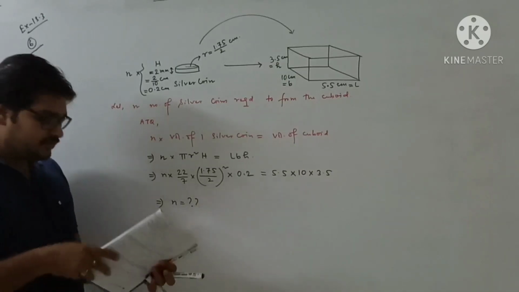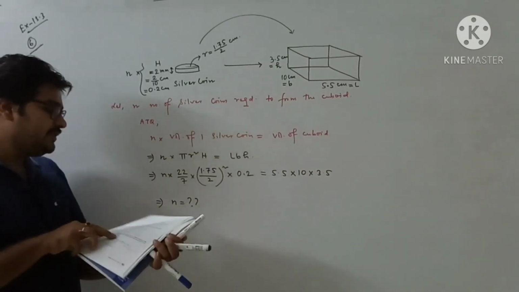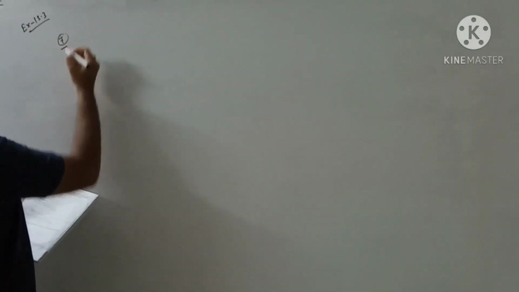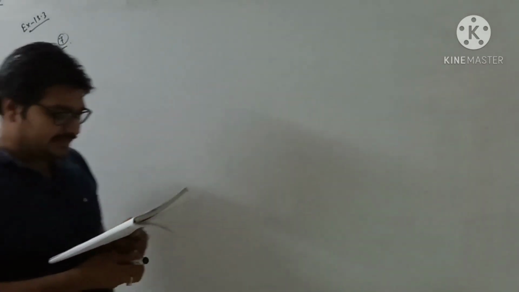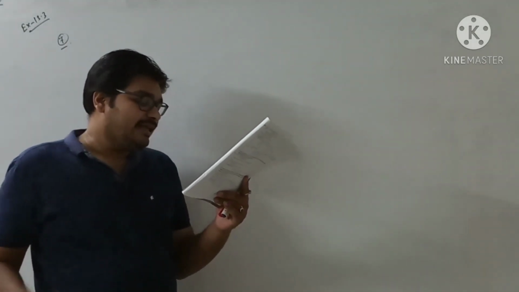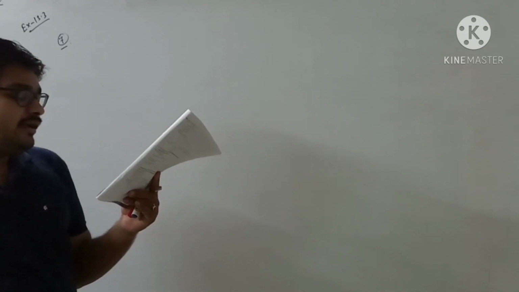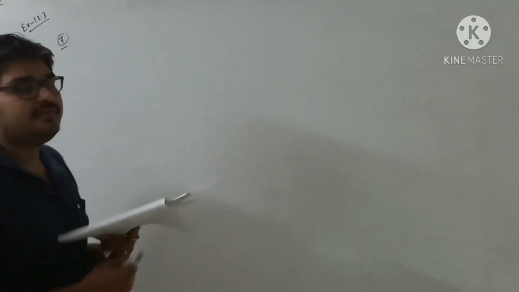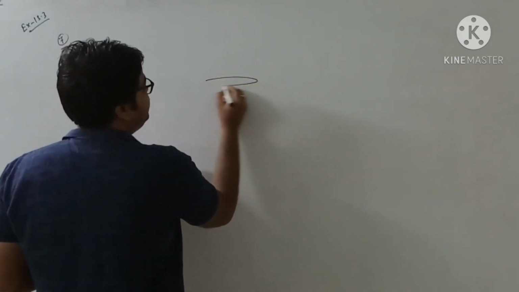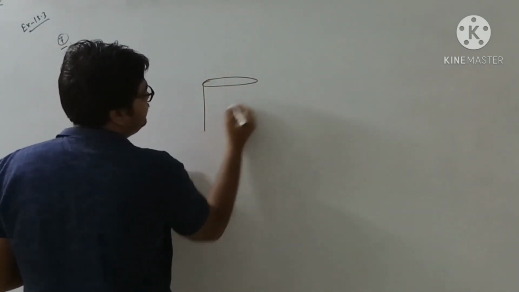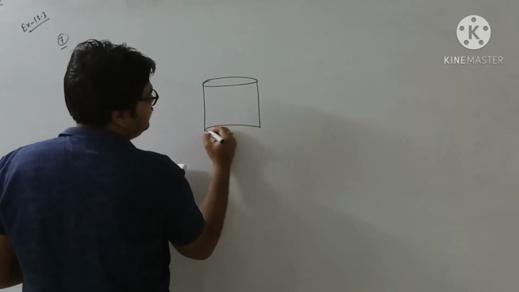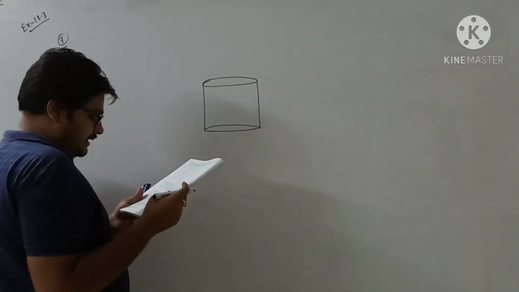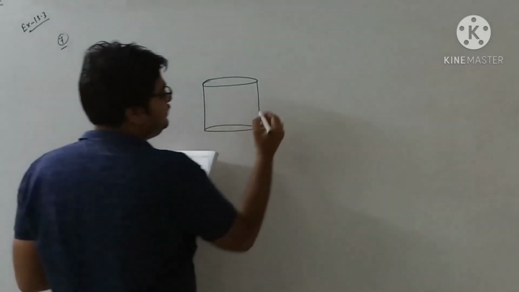Okay. So now I will move to question number 7. A cylindrical bucket 32 centimeter high and with a radius of base 18 centimeter is filled with sand. The height of the bucket is 32 centimeter.